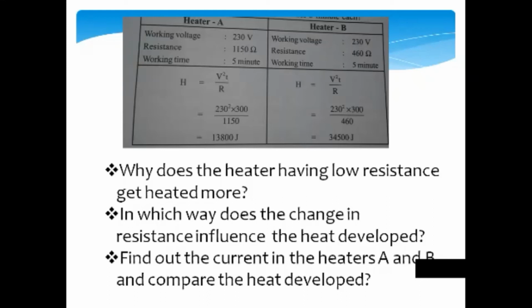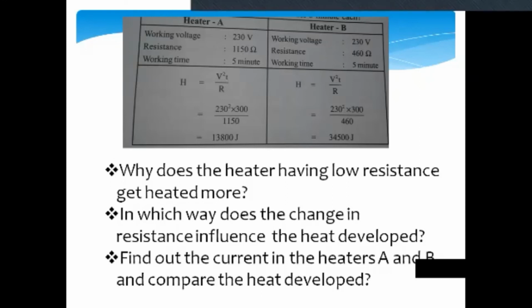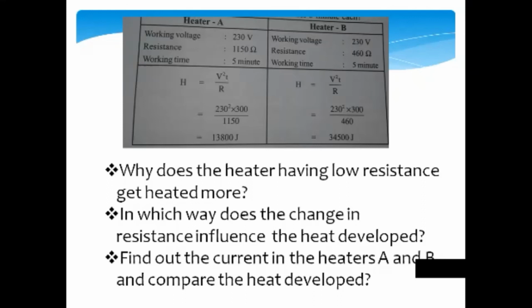So smaller resistance makes more heat, and the two are inversely proportional. In the next question, in which way does the change in resistance influence the heat developed? When resistance decreases, heat energy increases. That always shows the inverse proportionality between resistance and heat.